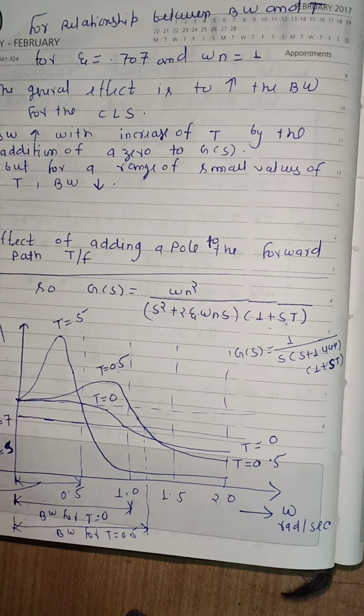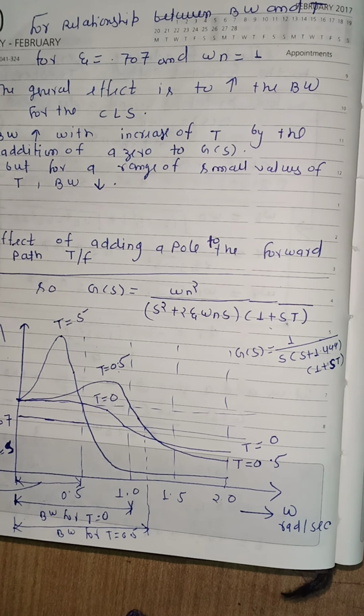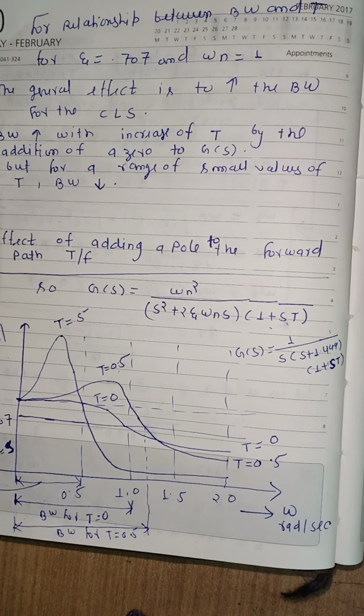So in the exam, if we have a question, what is the effect of adding a pole or a zero to the forward path transfer function, we must include the effect on stability after adding a pole or zero to the forward path transfer function according to unit 4th.